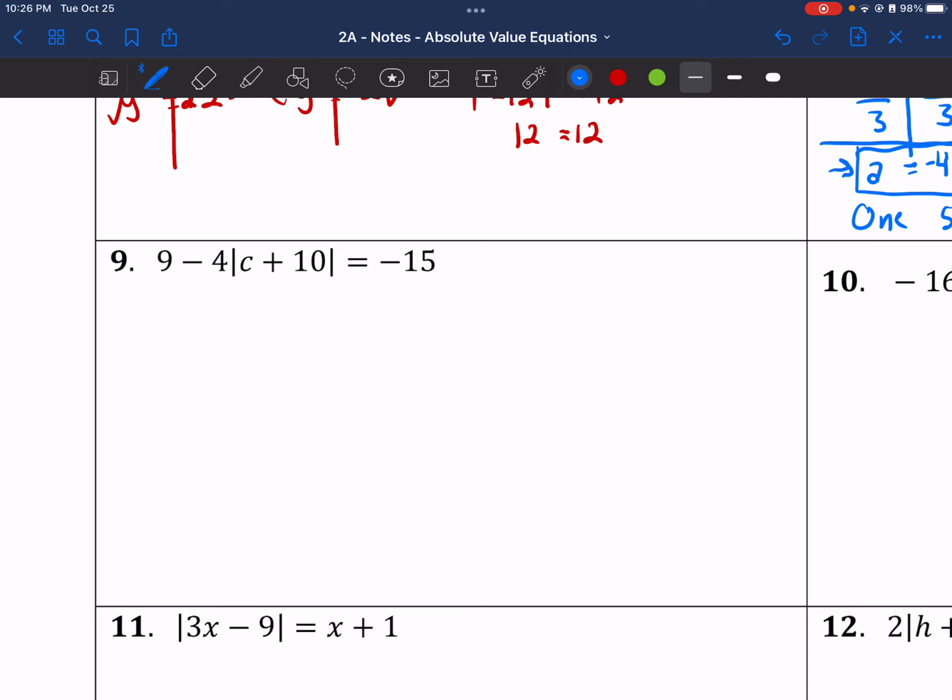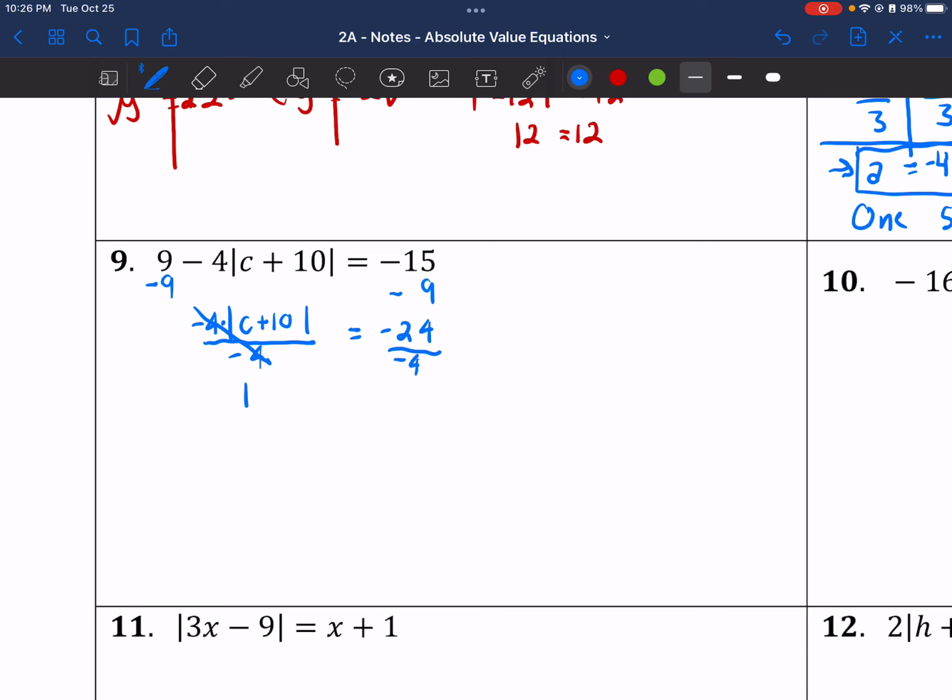To get rid of this 9, we're going to subtract 9 onto both sides. Negative 15 minus 9 gives me negative 24. And since we didn't do anything to our other term, we get negative 4 times the absolute value of c plus 10. Now we can get rid of our negative 4 by dividing by negative 4. Since this is a multiplication, we want to do the inverse. Whatever we do to one side, we got to do to the other.